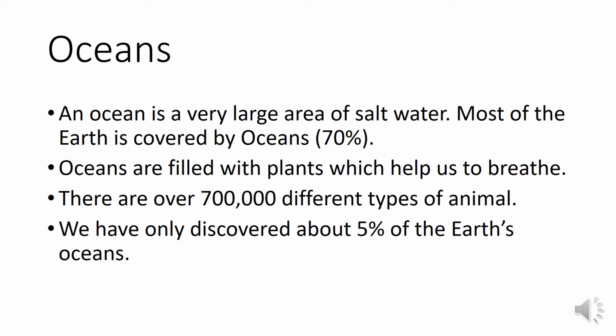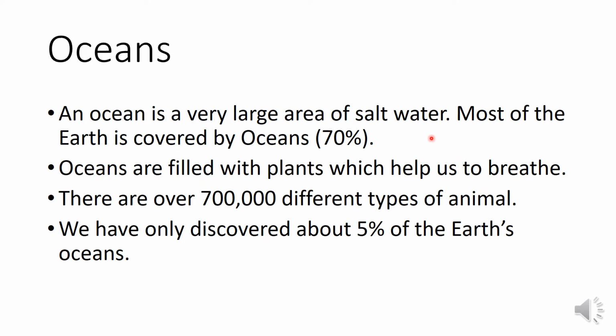Now, I've already done some research about oceans, about lots of different places under the sea, and I'm going to tell you my facts. So, an ocean is a very large area of salt water, and most of the Earth is covered by ocean. So 70% of our Earth is covered by water. Now, oceans are filled with plants which help us to breathe.